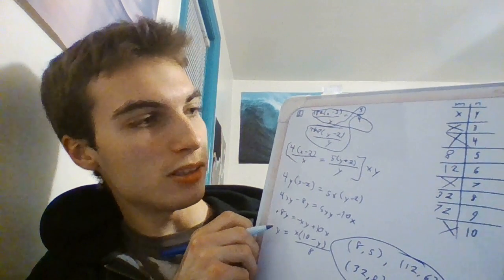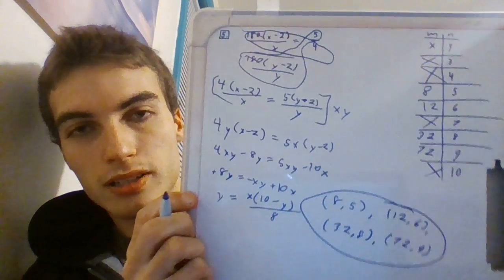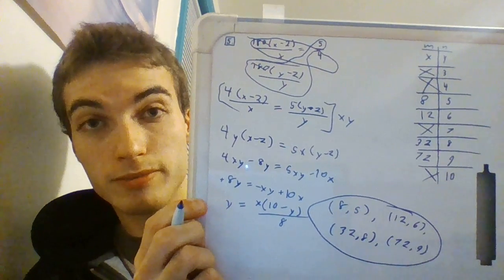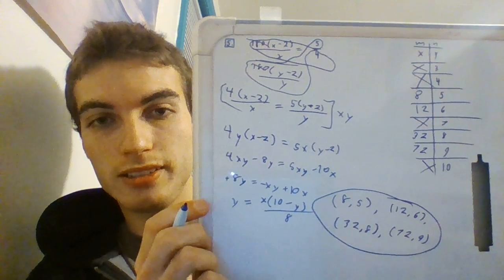And those are our possibilities, with m being greater than n for the ratio 5 to 4 for the interior angles. Alright, there it is.